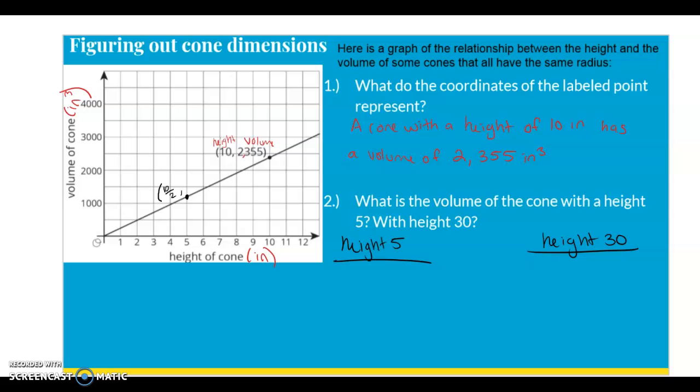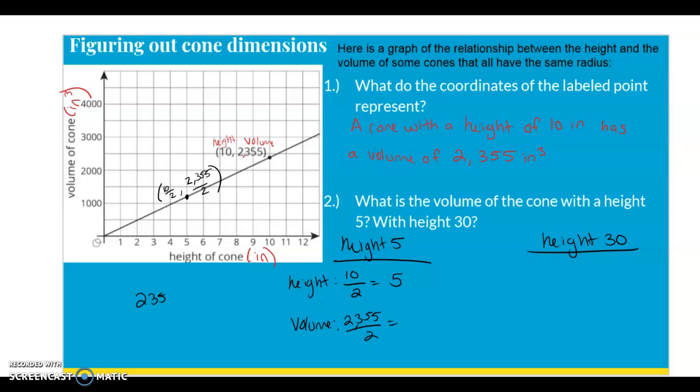That means I can actually take the volume of my 10 height cone, the 2,355, and cut it in half too. Because if I cut the height from 10, that's going to give me my height of 5. Now if I take the volume from our 10, 2,355, and cut it in half, then I can find the volume of my cone with a height of 5.